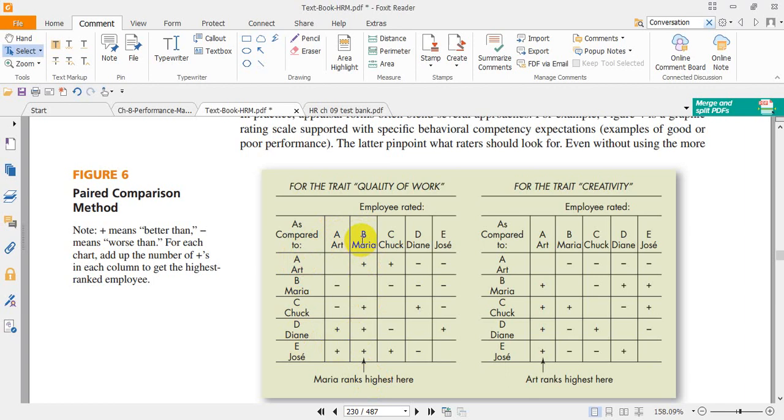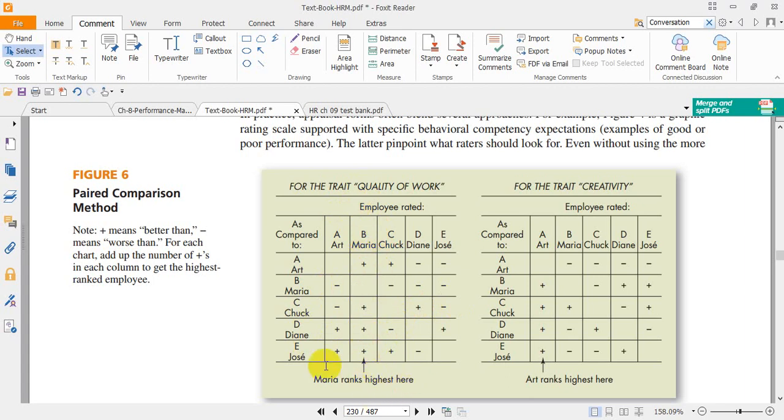Here is a comparison between Maria and Art. Maria is plus. Maria and Chuck, Maria is plus. Maria and Daniel, plus Maria. Then we calculate all pluses and rank.